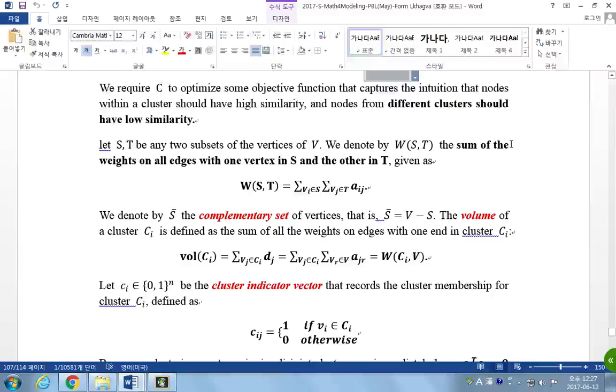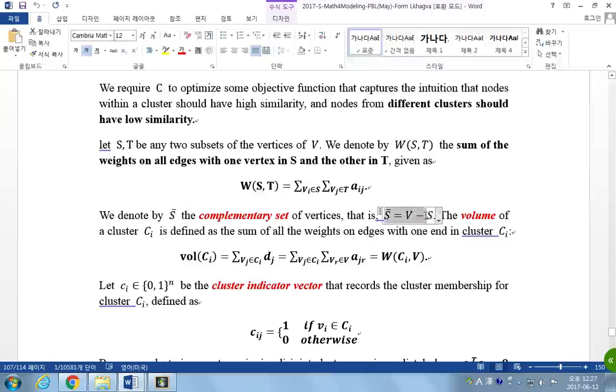W(S,T) is the sum of the weights of all edges with one vertex in S and the other in T. This formula is this, and S bar is denoted as the complementary set of vertices.